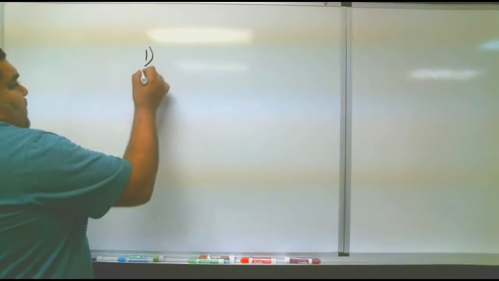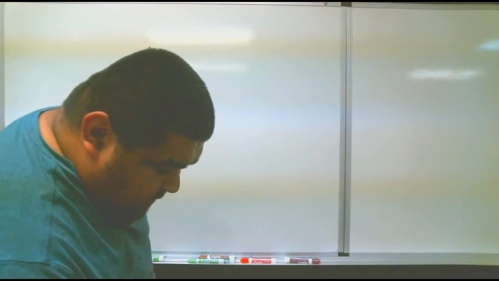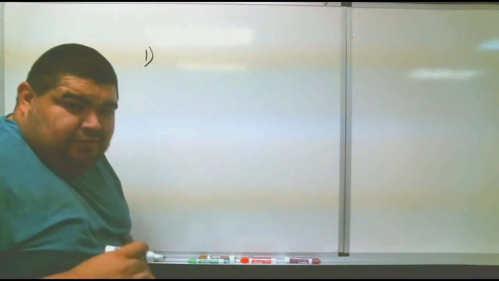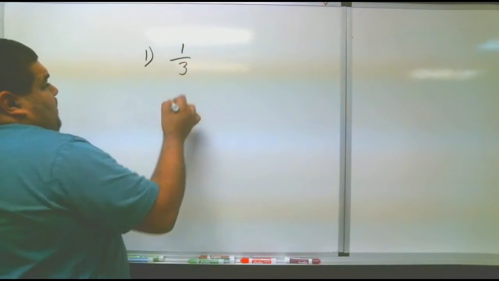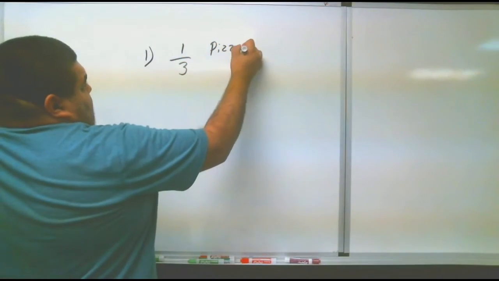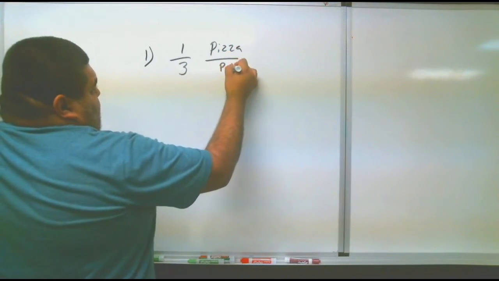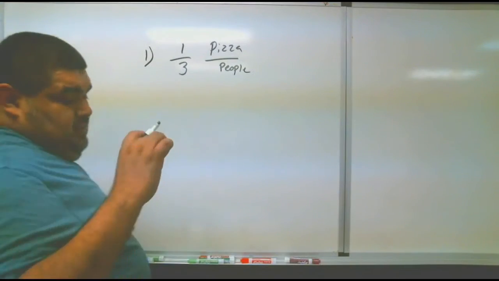So here's your assignment for today. You have to create a proportion and solve for it. If it takes 1 super giant pizza to feed 3 people, so it takes 1 pizza to 3 people.